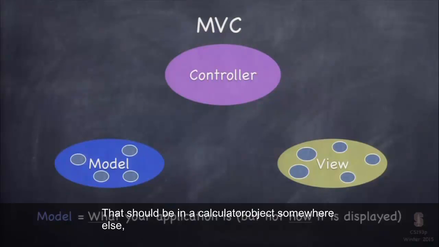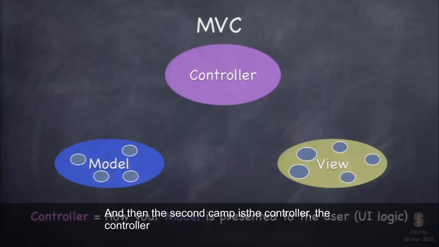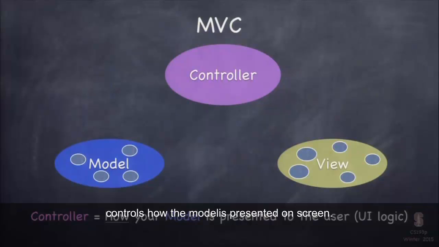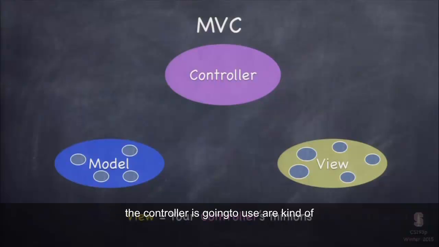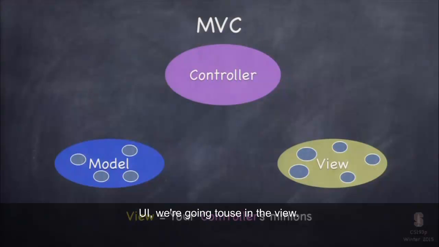That should be in a calculator object somewhere else. It shouldn't be in our controller. And then the second camp is the controller. The controller controls how the model is presented on screen. And the view is the minions, the classes that the controller is going to use, kind of like the building blocks, the Lincoln logs. I don't know, maybe that's before all of your time, but these are the things we're going to use to build our UI.